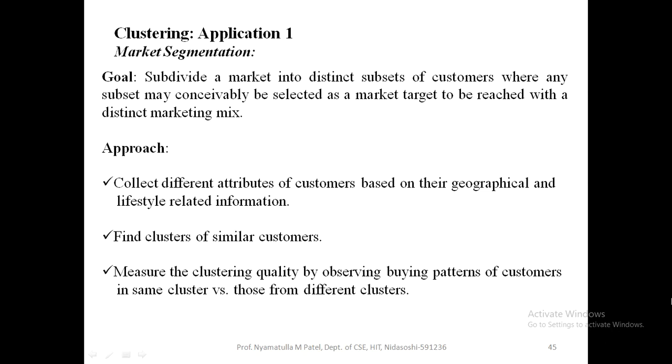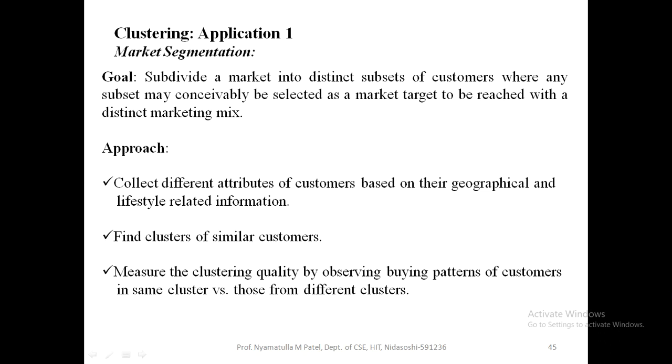Approach: collect different attributes of the customer based on their geographical and lifestyle related information. Now, based on the geographical locations, we are going to do marketing. Based on the lifestyle, find clusters of similar customers.